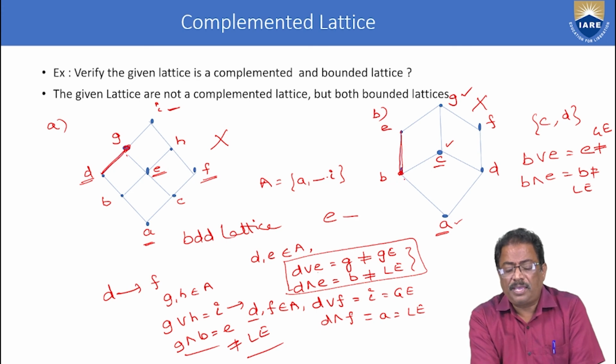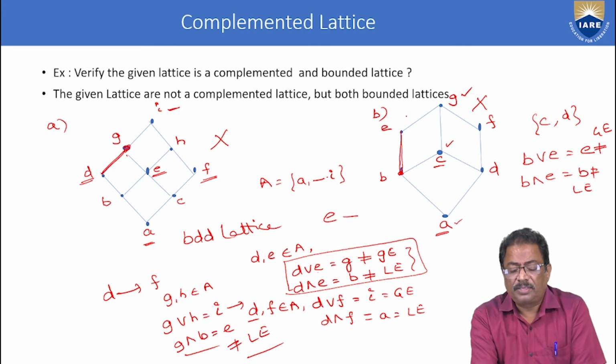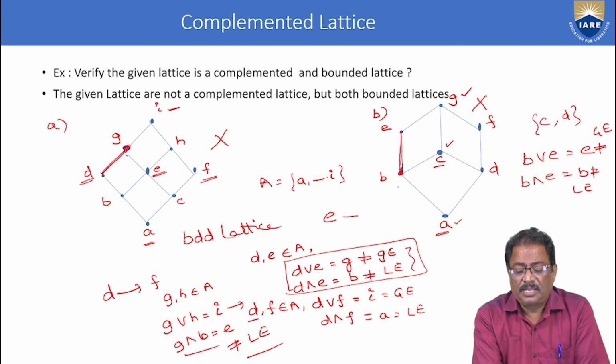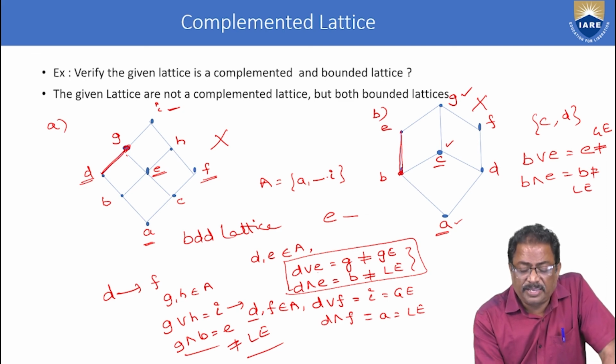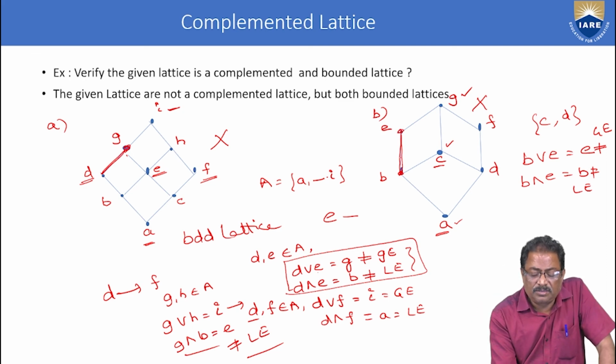Similarly, here also I am considering E and F. Suppose B, E, or else I am just taking C. If I am taking E, what about B and D? B is not a complement.